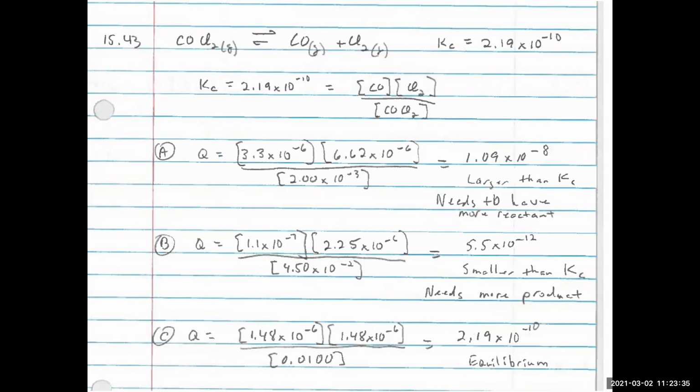So we have our reaction up on top. Then we can write that equilibrium expression. Products over reactants, once again, CO concentration times Cl2 concentration divided by the COCl2 concentration. There's our equilibrium expression. We were told that its value is 2.19 times 10 to the minus 10.